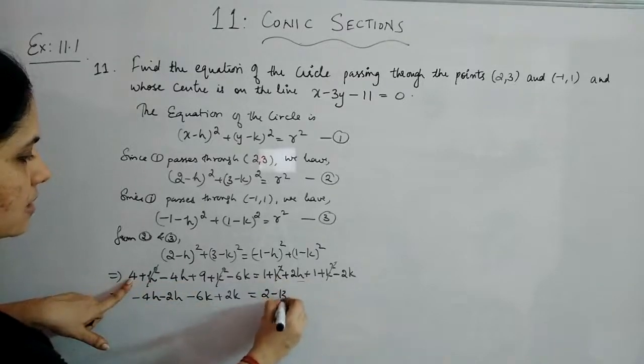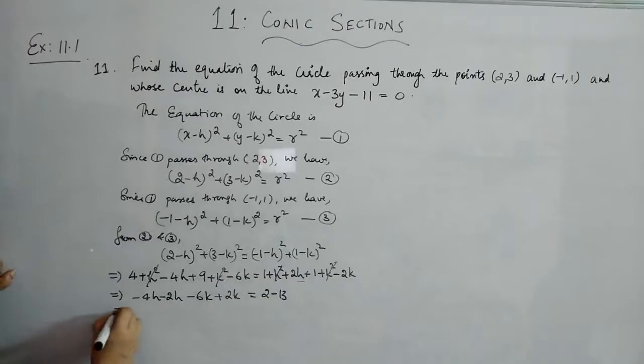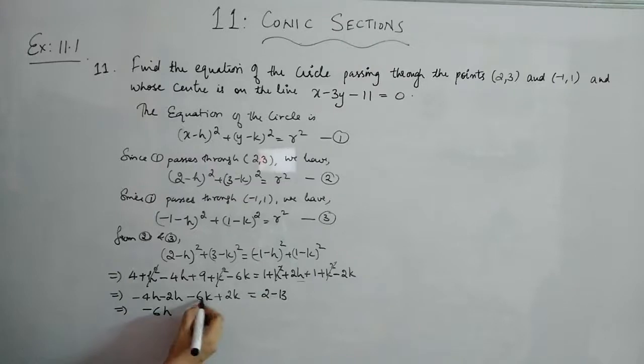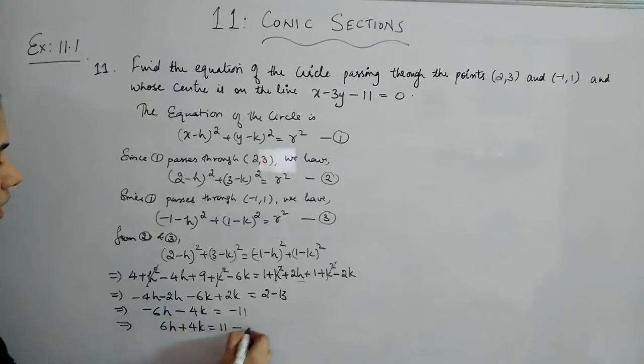So 2 - 13. Correct? So here you are getting -6h - 4k = -11. Or you can remove the negative sign throughout, you will get 6h + 4k = 11. Let it be equation number 4.